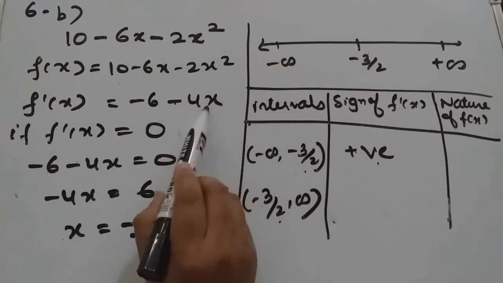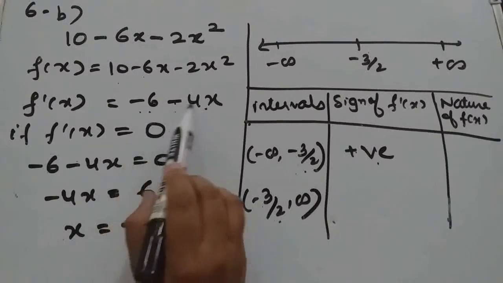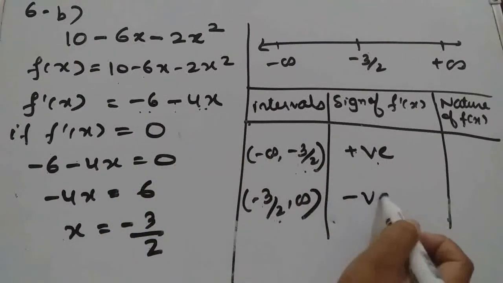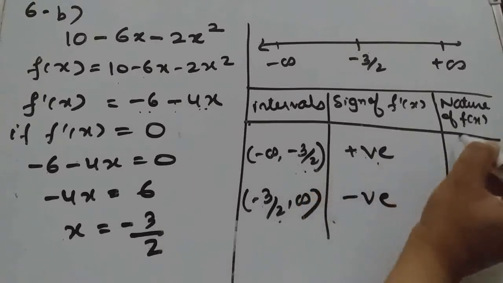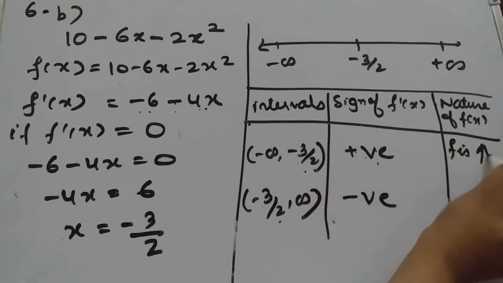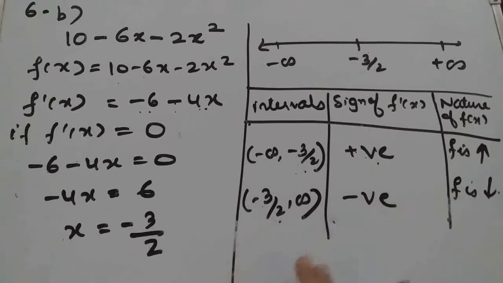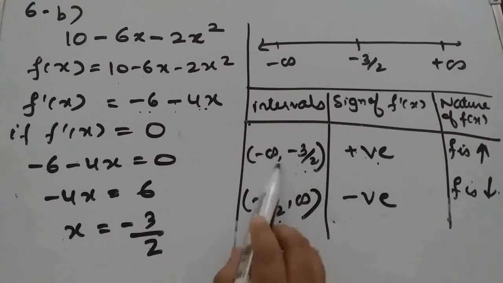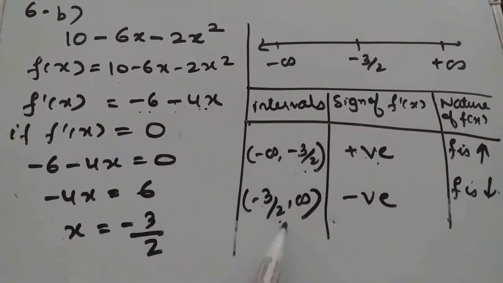If you put 0 here, so minus 6 minus 0 means minus 6, negative. So positive means the function is increasing, negative means the function is decreasing. So ultimately the result you can write: the function is strictly increasing in this interval and strictly decreasing in this interval.